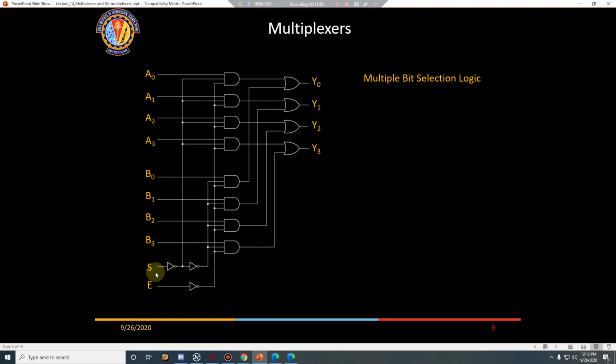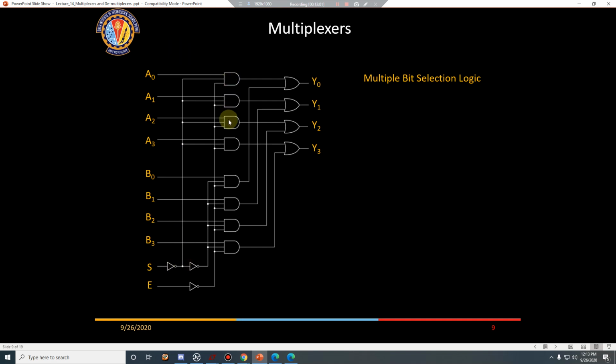What does S do? Can you just think what S is doing? It switches between the two 4-bit selections. Either A0 to A3 goes, or B0 to B3 goes into the output with S. Yeah, correct. So what S is doing is basically, if S is equal to 0, you have 1 here. Okay, so what is this 1 doing?